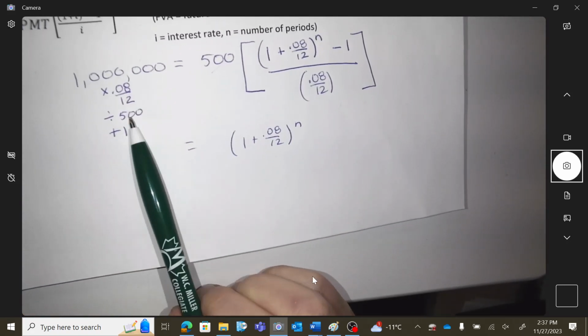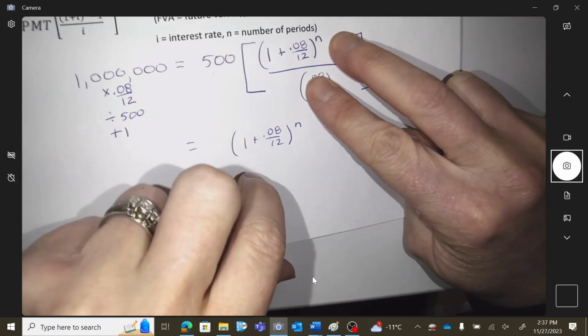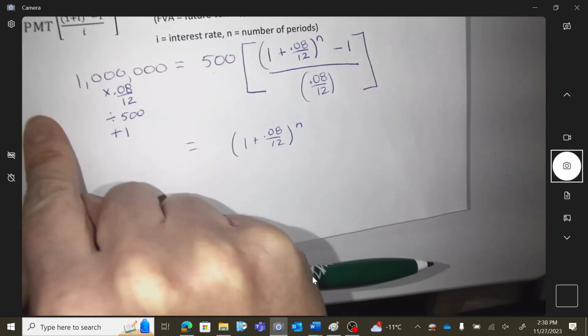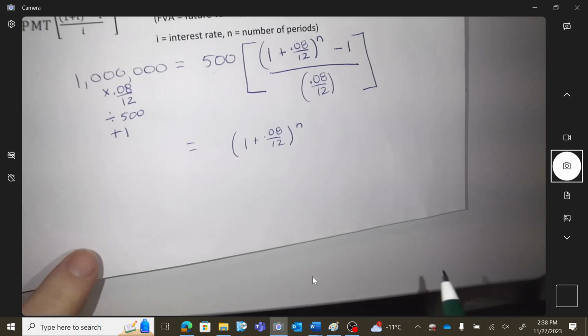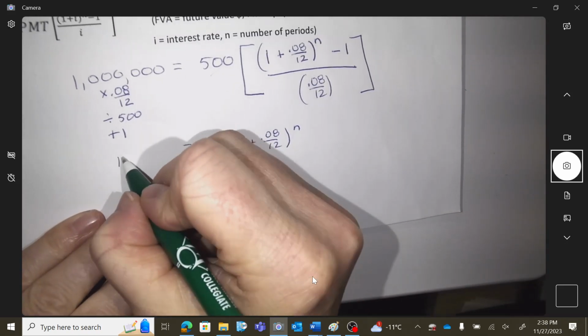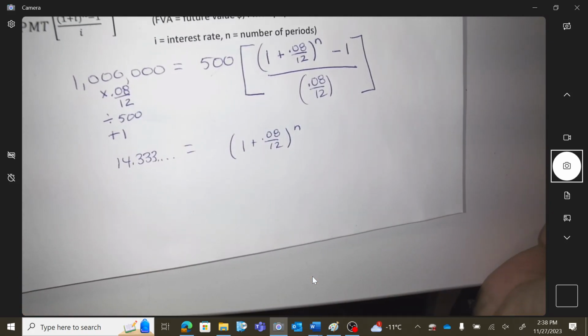Okay, so if I do those 3 maneuvers, then that would be gone, and I'm left with this. So can you give me all this typing? Give me that isolation. $14 and change. 14 and change. 14.3333.